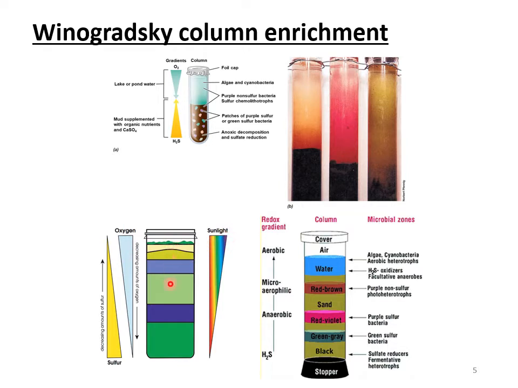And as you go deeper into this column or bottle toward the bottom, well, now you're going to get to see a different robust variety of organisms, the ones that thrive in low oxygen, in low sunlight. Okay, so things like fermenters or anaerobic microbes. Okay, so it gives you a wide gradient of different organisms, nicely enriched.